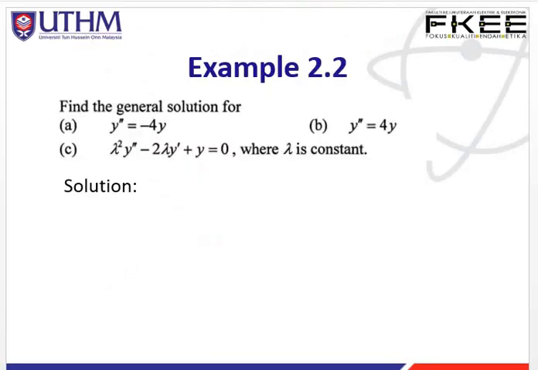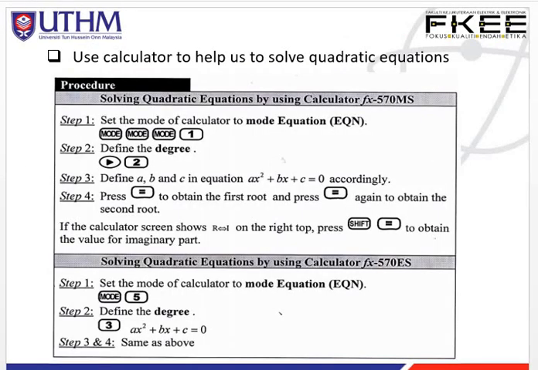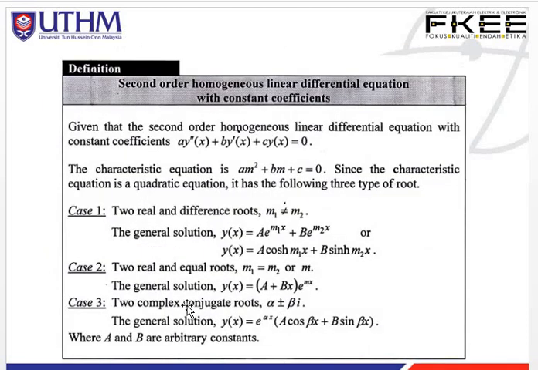Then we go back to this one: y equal to a exponent m1 x plus b exponent m2 x. So case 1 is y equal to a e exponent m1 x plus b e exponent m2 x.